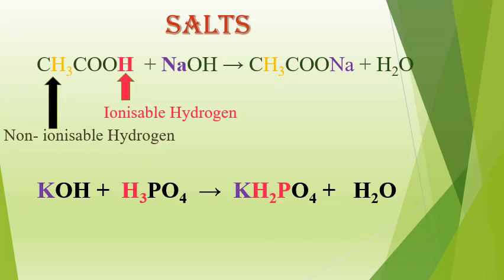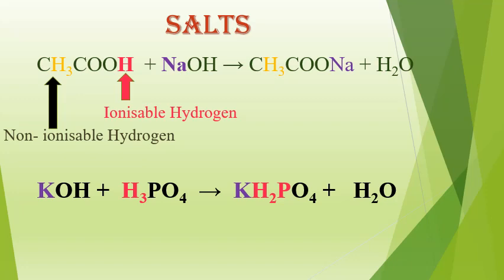So potassium hydroxide has only one basic radical, that's the potassium ion K plus. This K plus is replacing one hydrogen atom in phosphoric acid and giving rise to the salt KH2PO4. So this is where partial replacement has taken place. Why?